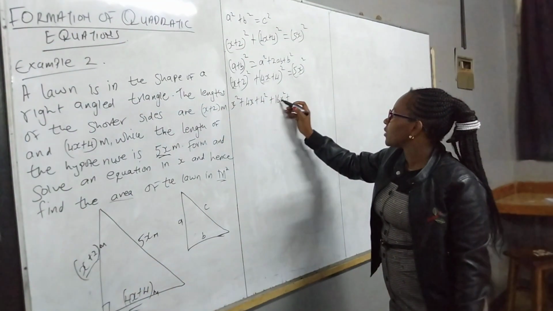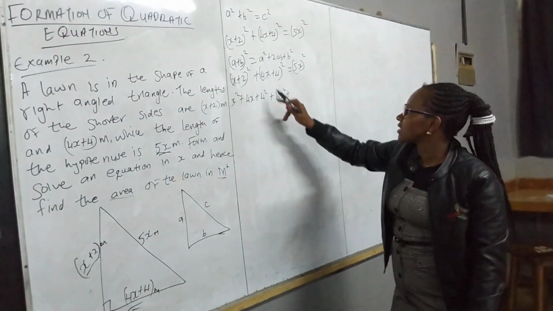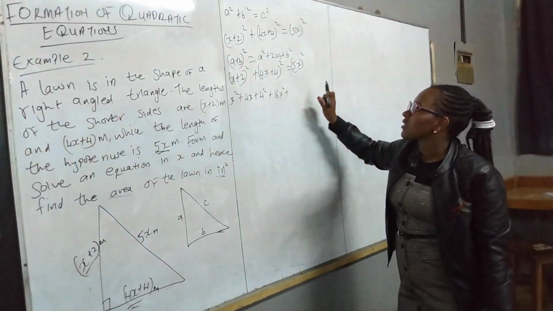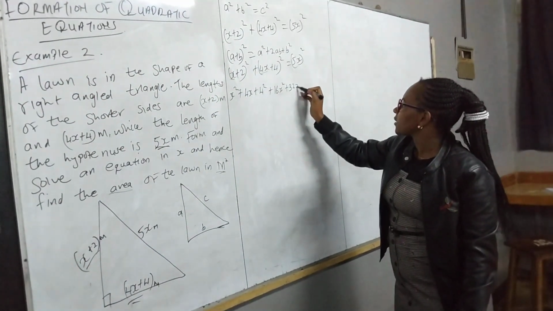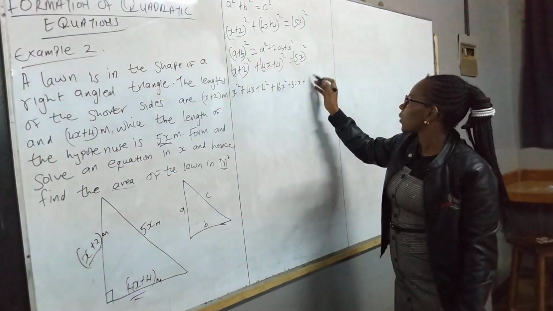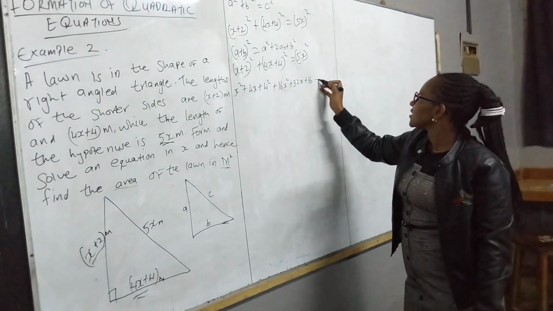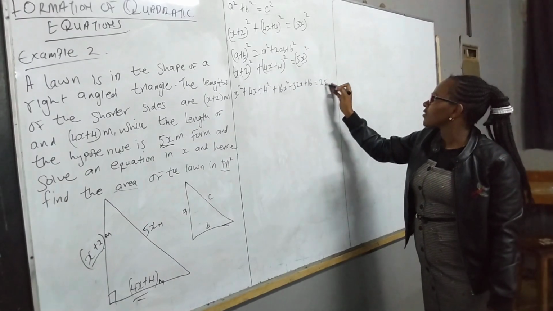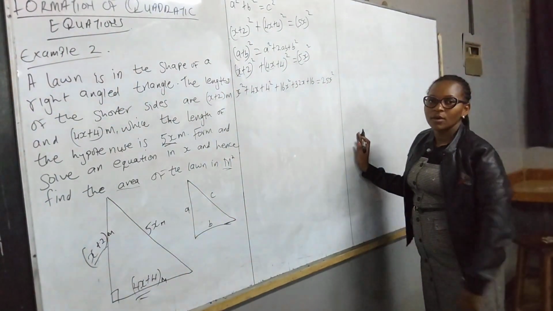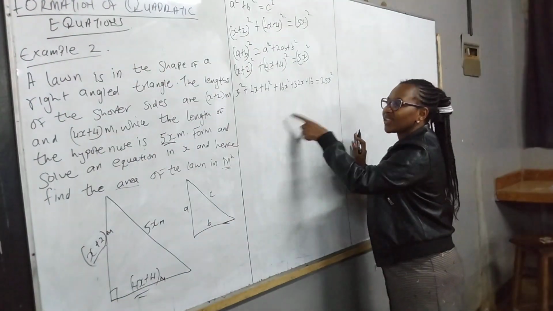The first part will be 16x squared plus 4 times 4, that is 16, times 2, that is 2x, plus 4 squared, that will be 16, is equal to, we square 5x squared to get 25x squared.